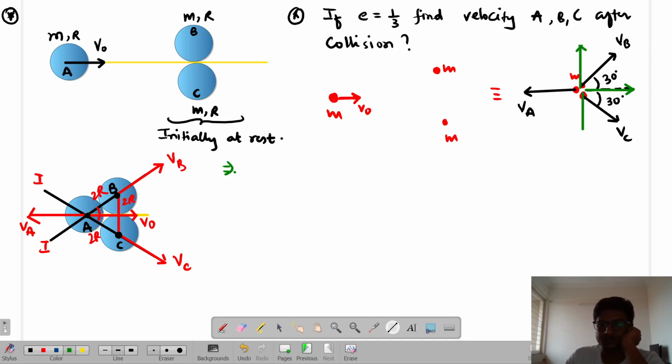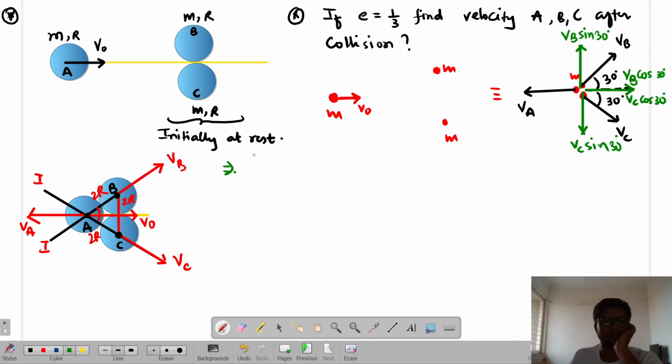We have V of B sine 30, V of C sine 30, V of B cos 30, V of C cos 30, and this is V of A.